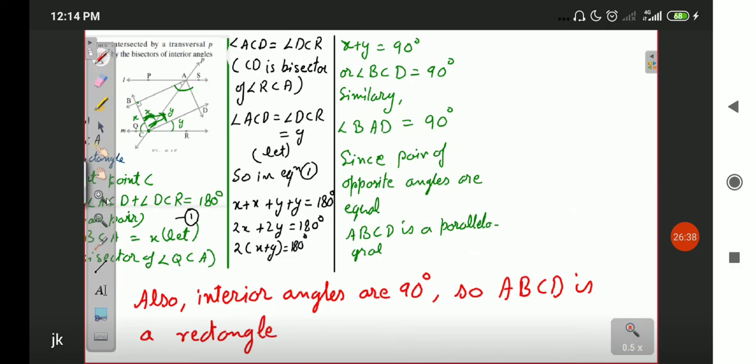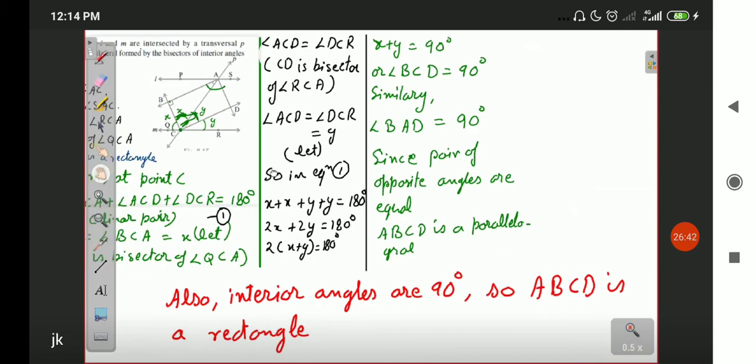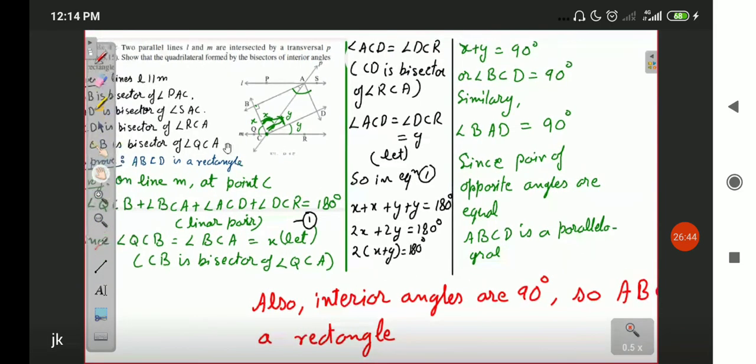Okay, students, once again, you can also try a different approach. The different approach would have been, first of all, I will prove that this is a parallelogram by proving that opposite sides are parallel. How can I prove that opposite sides are parallel? That is quite easy. I will simply prove that this and this sides are parallel by proving alternate interior angles are equal.